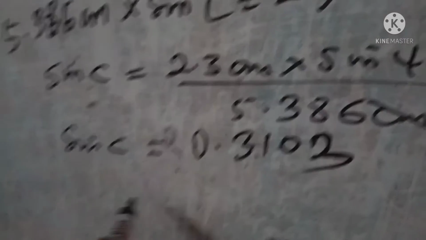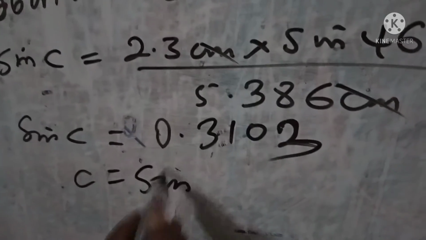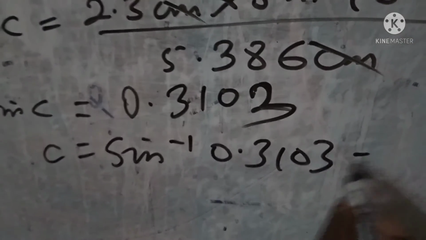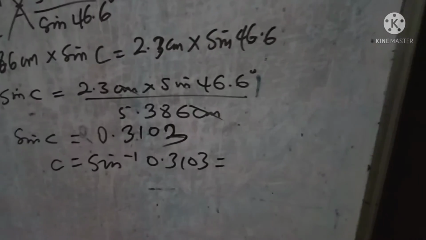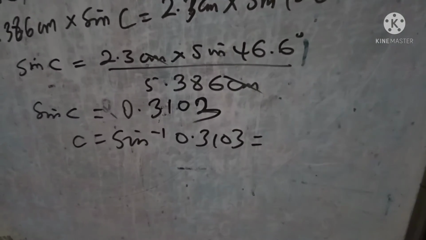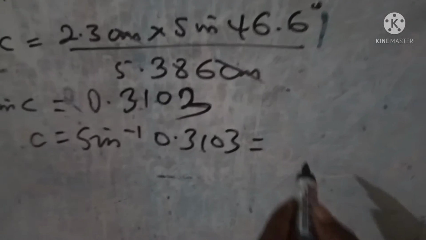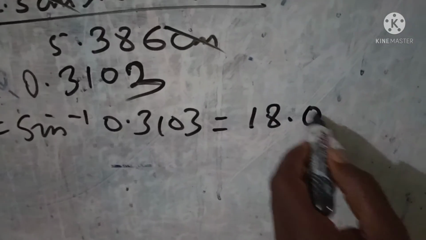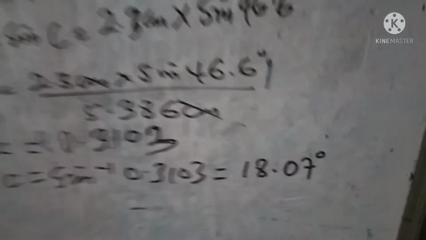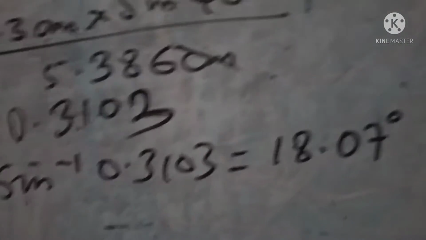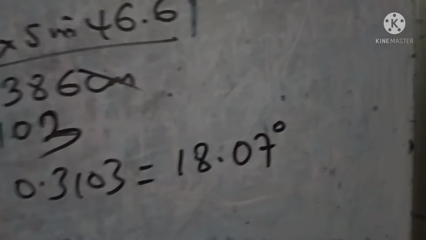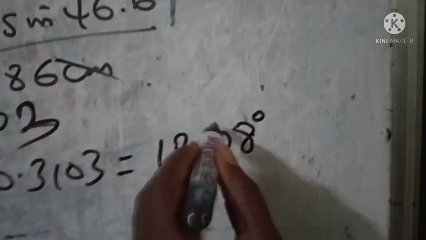Now, if you are sure, that means C will now be equal to sine inverse 0.3103, and that will be equal to what? 18.07 degrees, right? Approximately.